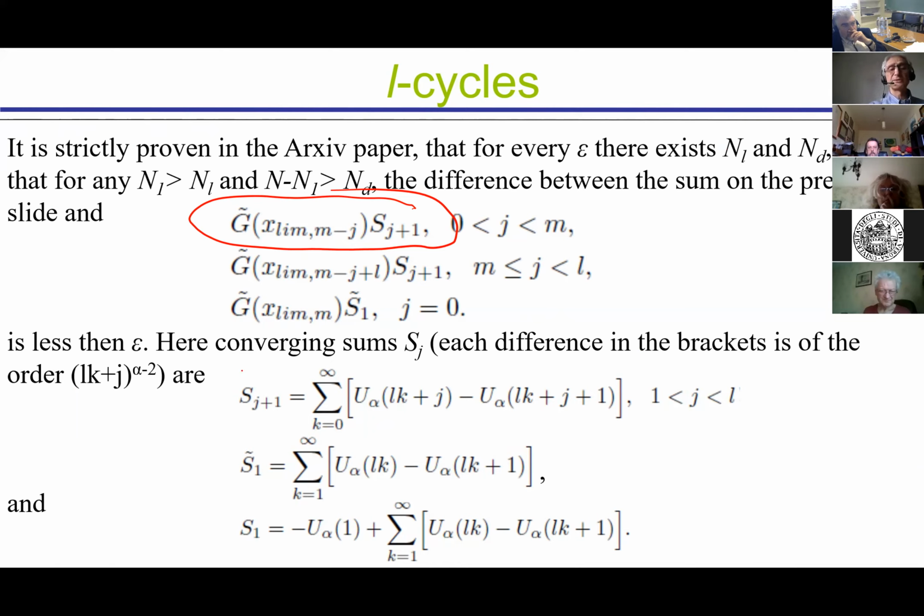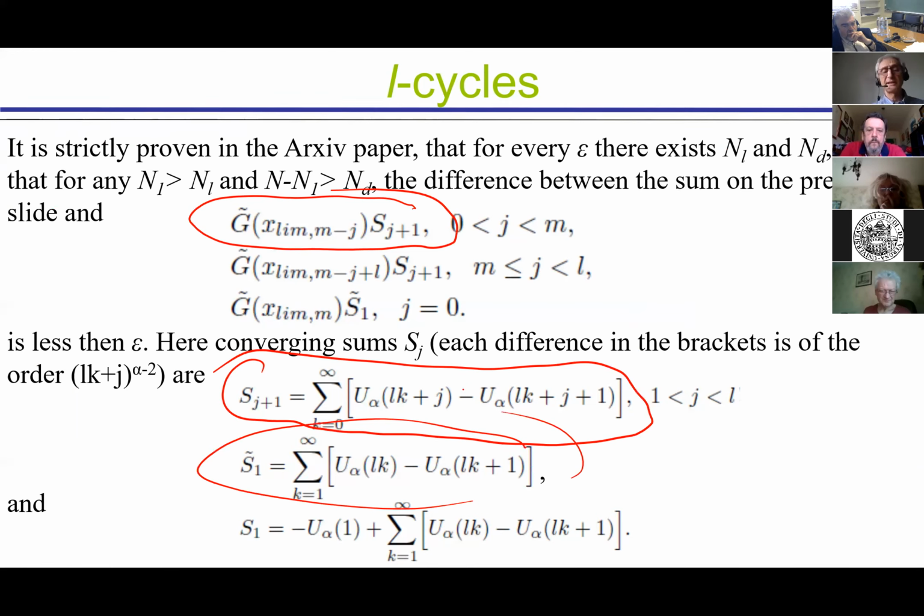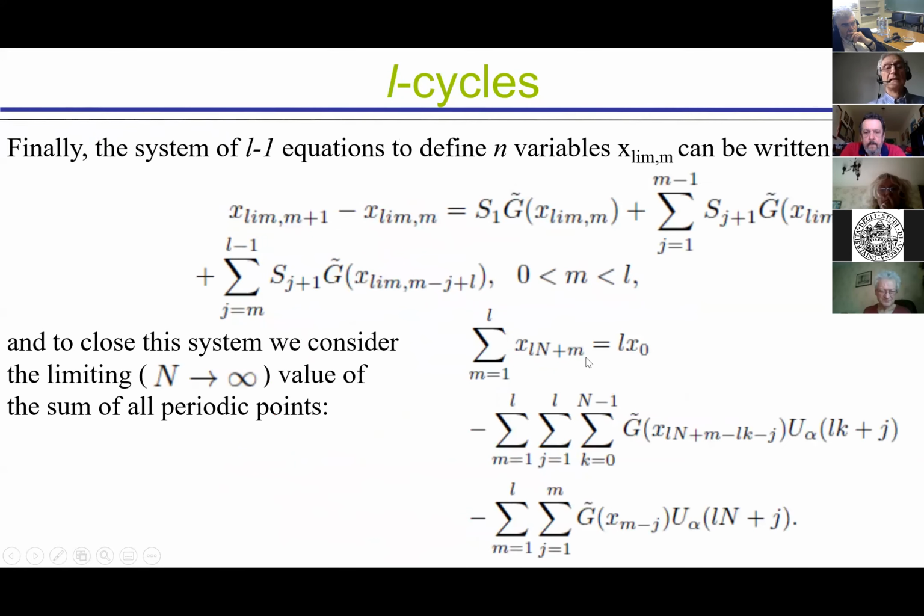And those values of sums are defined by the following series for any s. It's just a power law, or asymptotically power law. So finally, those equations that define differences can be written in the following form.